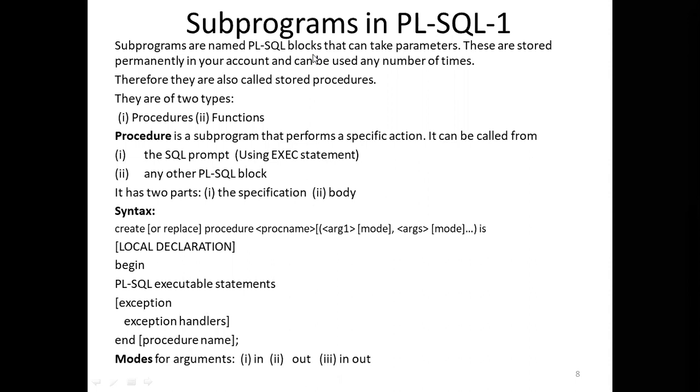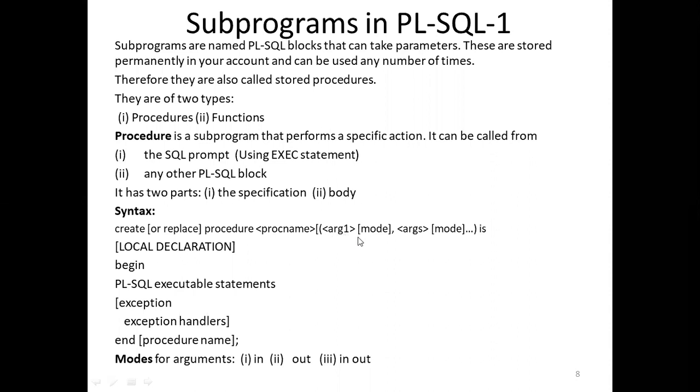Let's see the specification. The syntax is here: create or replace procedure, procedure name. And once again, you can see that the arguments are optional. You may not give arguments to a procedure. If there are arguments, they should be enclosed in parentheses.